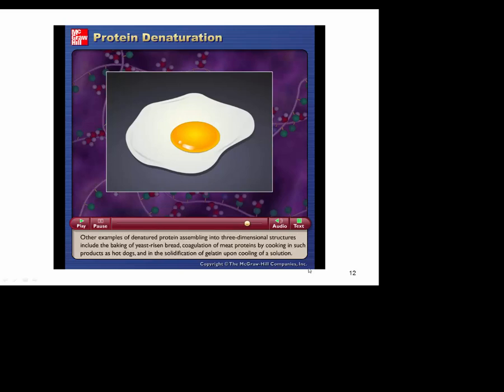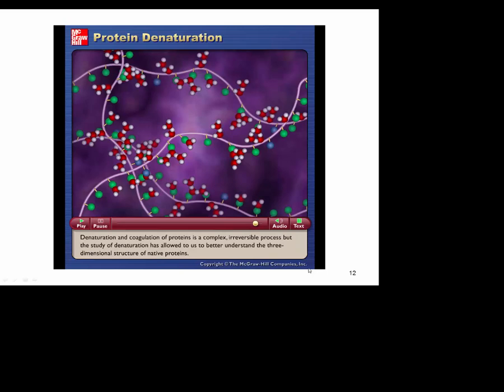Other examples of denatured protein assembling into three-dimensional structures include the baking of yeast-risen bread, coagulation of meat proteins by cooking in such products as hot dogs, and the solidification of gelatin upon cooling of a solution. Denaturation and coagulation of proteins is a complex, irreversible process, but the study of denaturation has allowed us to better understand the three-dimensional structure of native proteins.